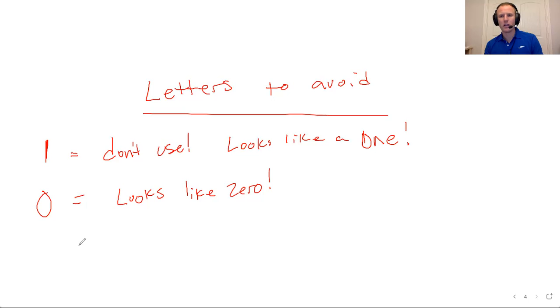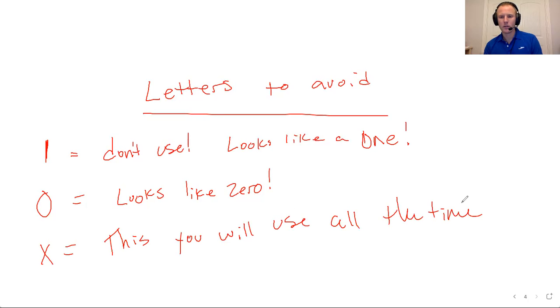One that you're going to see a lot as you get older is an X. You'll use this all the time when you get older, but probably not a great idea right now. So why not now? Because X and Y are generally the most common ones that you'll use as you get older.